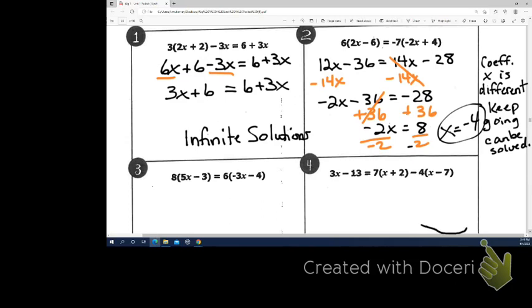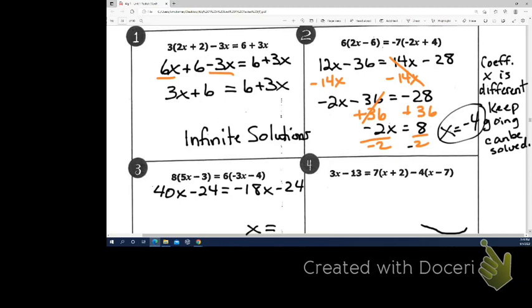So if I start, say, problem number 3 and simplify, so distribute on both sides. As soon as I distribute on both sides and I see that the number of x's are different, I know this is going to have an answer.